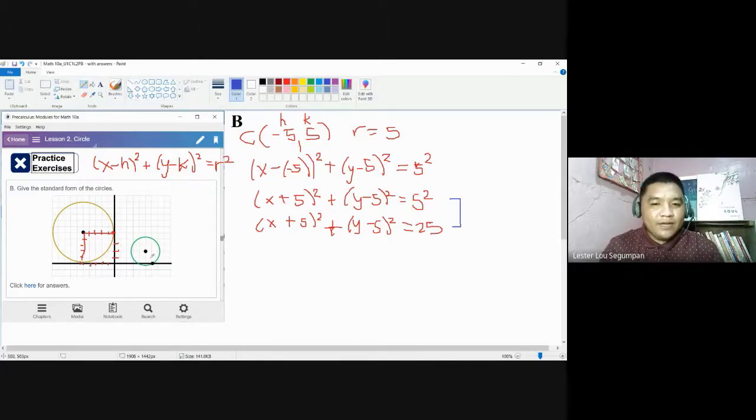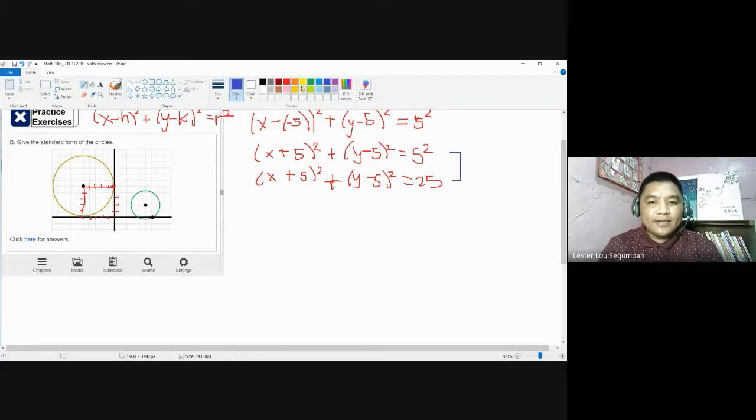Next is the green colored circle here. We have noticed that its center is located at this point here. For the movement from the x-axis, considering that each grid is 1, you have 1, 2, 3, 4, 5. So its center, let's use a green color, is at 5, and then 2.